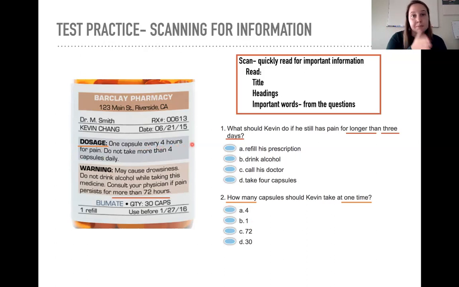So if he takes his medicine at 8 o'clock in the morning, he takes 1 capsule. Then 4 hours later, he takes 1 more capsule. So it says, do not take more than 4 daily. So that does not have to do with at one time. It's talking about daily in this second sentence. So 1 capsule every 4 hours for pain. So the answer is B.